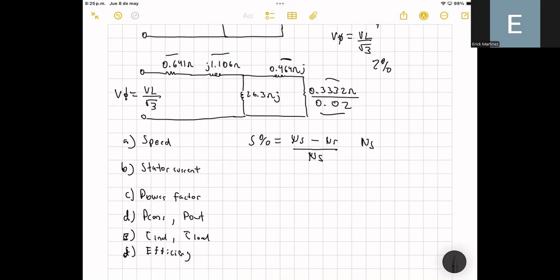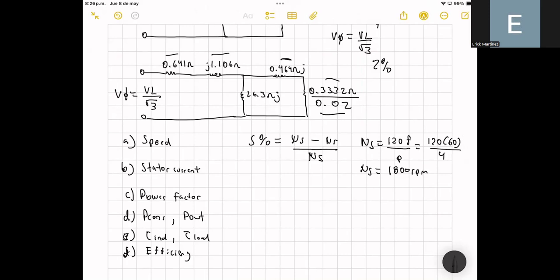And we can compute the synchronous speed of the motor by using the following formula: 120 times the frequency of the supply voltage divided by the number of poles. The frequency of the motor is 60 Hertz based on the data given by the problem, and the number of poles is equal to 4. So the synchronous speed is equal to 1,800 revolutions per minute.